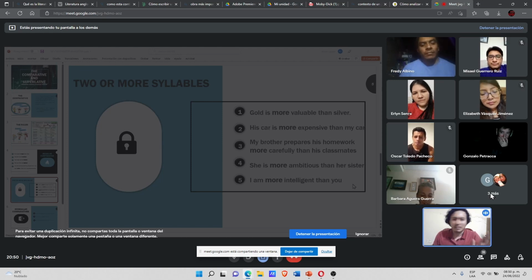Okay, this is simple. Gold is more valuable. More is the worst case. More, more, more. Why? Because we use two or more syllables. Only add more and the adjective.